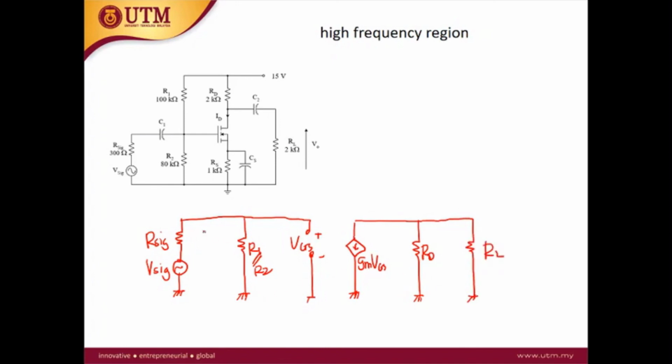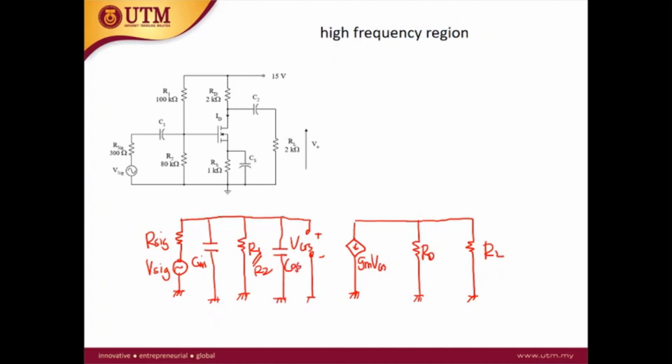At high frequency, you need to add the parasitic capacitance. So you have the parasitic capacitance CWI at the input. And then between gate and source, we have CGS.